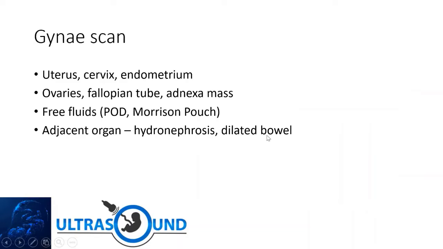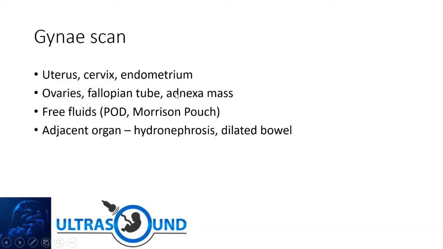All right. When we talk about a gynae scan, what are we actually scanning? You need to know what you want to scan, because what the mind doesn't know, the eyes don't see. We have to see the uterus, assess the cervix and the endometrium, as well as look at the ovaries. If you can see a distended fallopian tube or a distended tubular structure, most of the time it is a diseased fallopian tube.